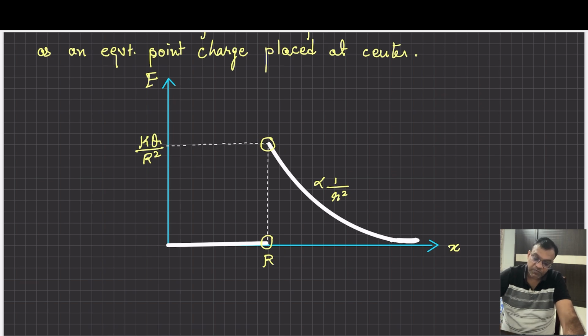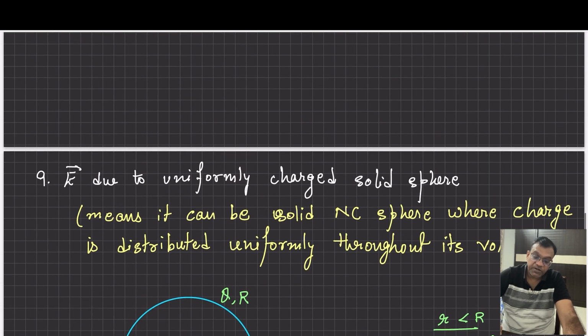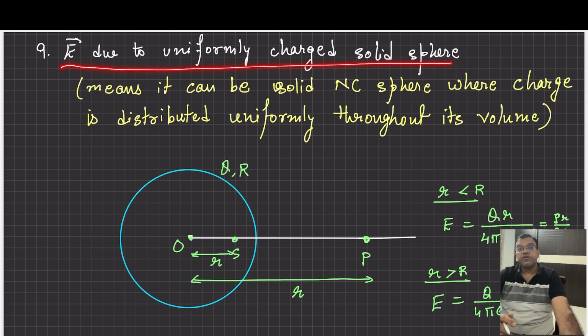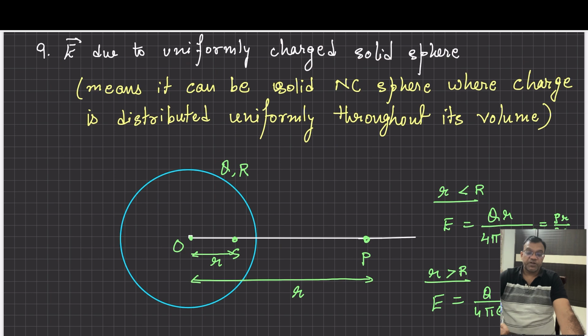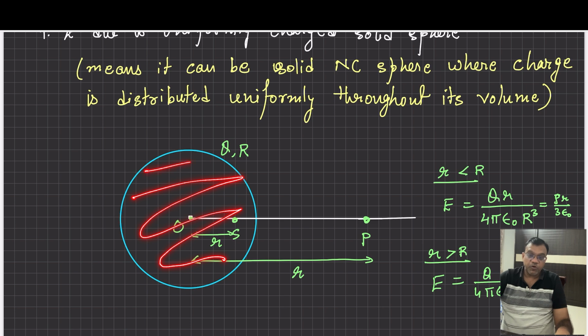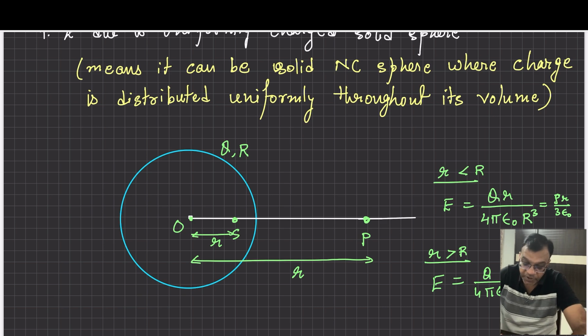Now the next one we'll take electric field intensity due to uniformly charged solid sphere. Uniformly charged solid sphere means it is a non-conducting solid sphere where the charge is distributed throughout the volume, and we are considering the uniform charge distribution. Now here also we are interested in finding the field intensity at any inside and outside point.